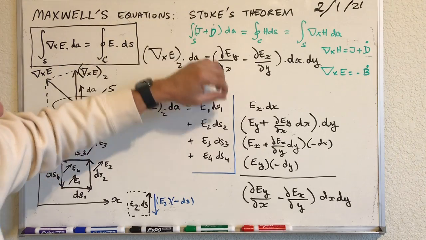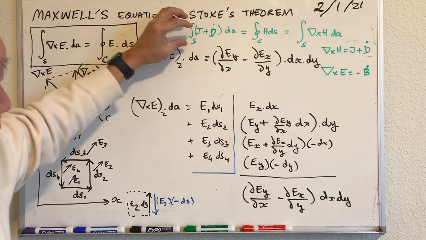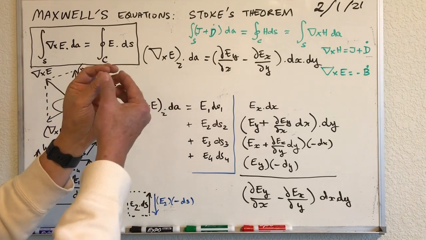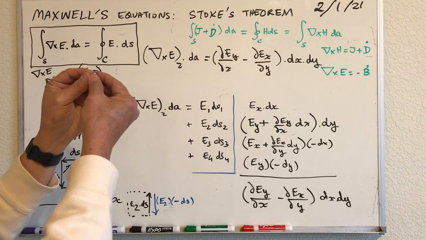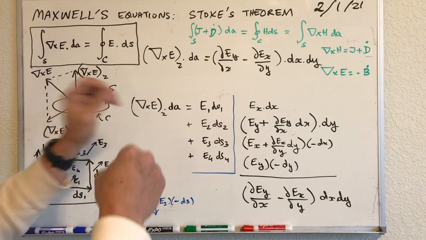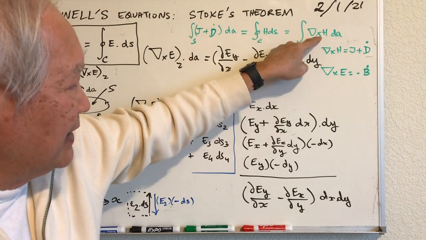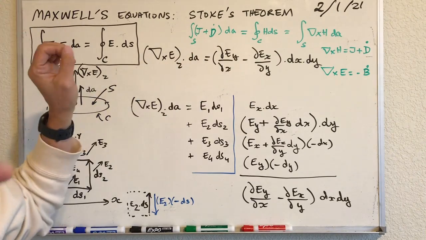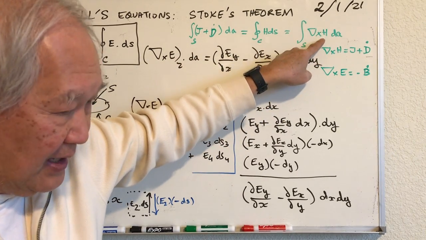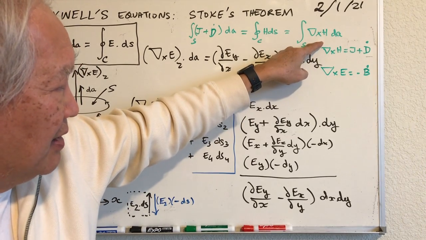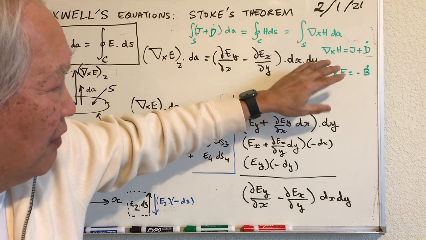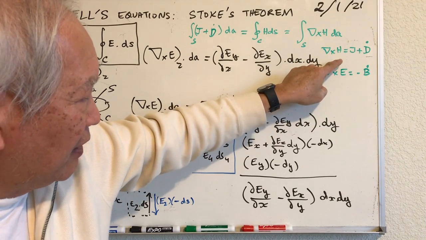So when you shrink the surface to an infinitesimally small area, then this one will become this one. And that's how the Maxwell equation for magnetic field strength is written in what we call the differential form.